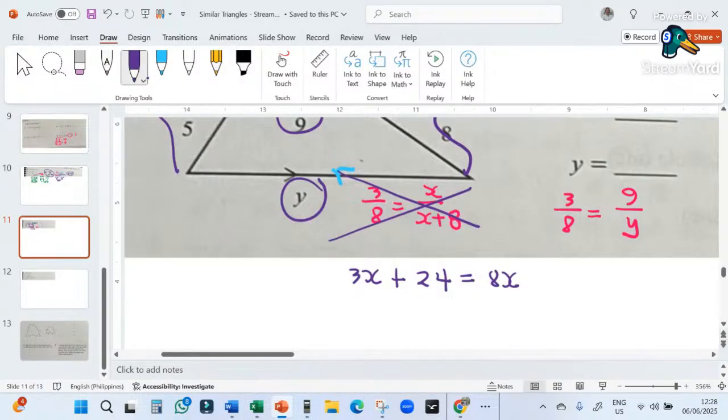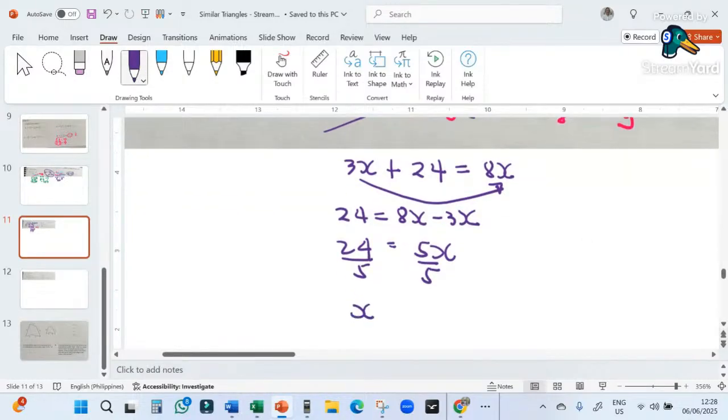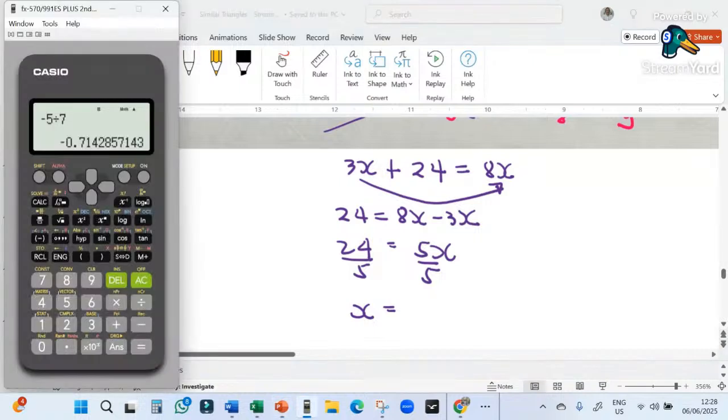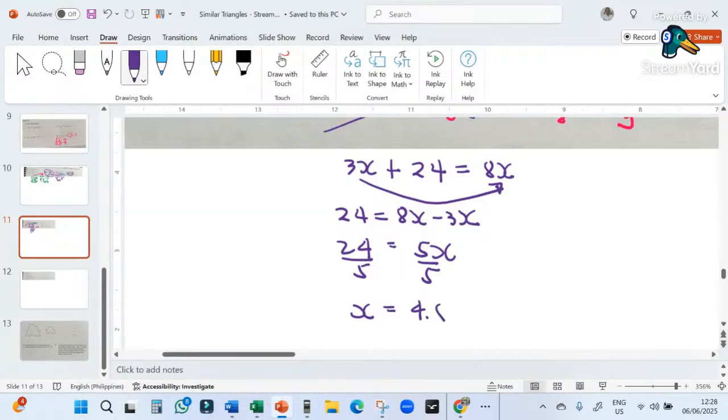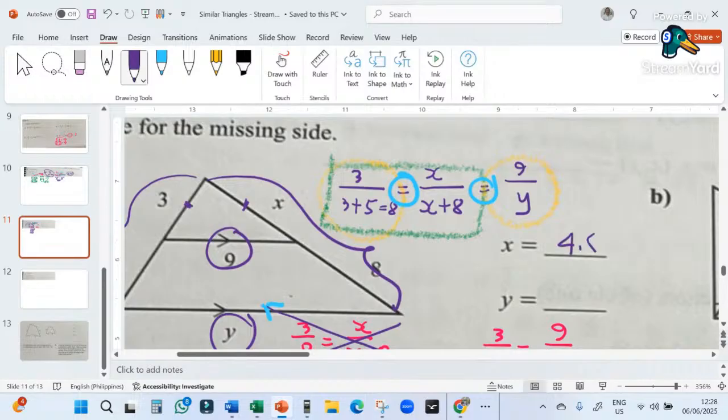I'll join it to the bigger x. So that will be 24 equal to 8x minus 3x. Okay. So 8 minus 3 is 5x. 24 here, divide by 5, divided by 5. So now I can solve for x. X is known. Calculator, 24 divided by 5. It'll give me 24 over 5, or that is 4.8. That's the answer for x here.